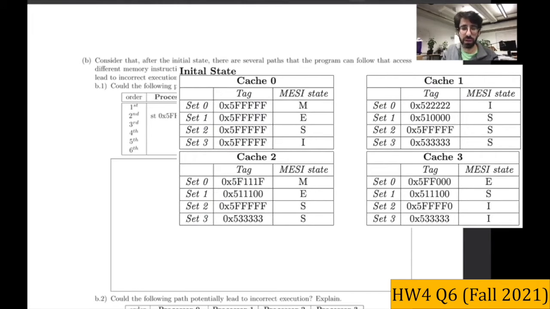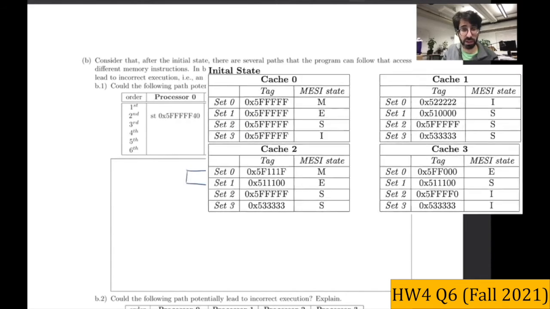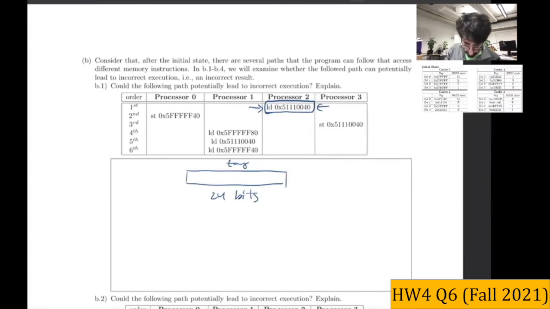So we have 3 bytes for representing the tag. And because we have 4 sets, we need 2 bits to represent the set, right? So we have 24 bits for the tag, and 2 bits for the set.